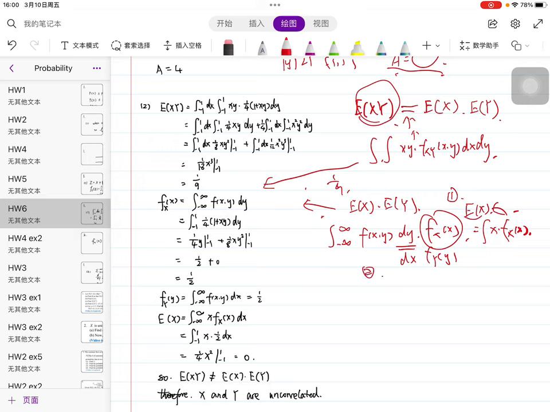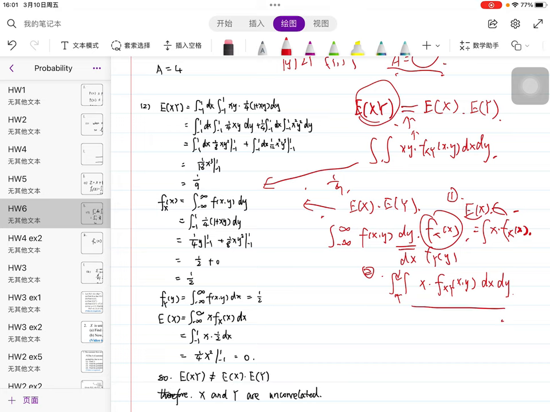The second way is that we directly use the joint density function, that is x times f(x,y), the joint density function, dx dy, where we write the lower bound and upper bound of x and y here.